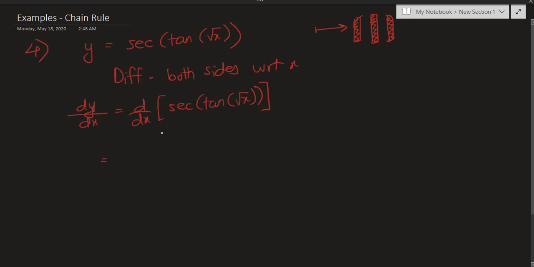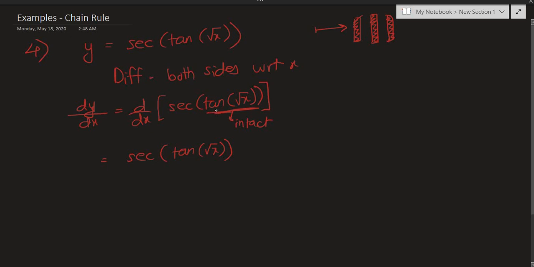So using our three wall analogy that we had for the chain rule, we first break the external wall, so differentiate the most external function while keeping the inside part intact. So what's the derivative of a secant? Secant of the inside quantity. Here we're choosing to keep this intact, so the tangent of square root of x.